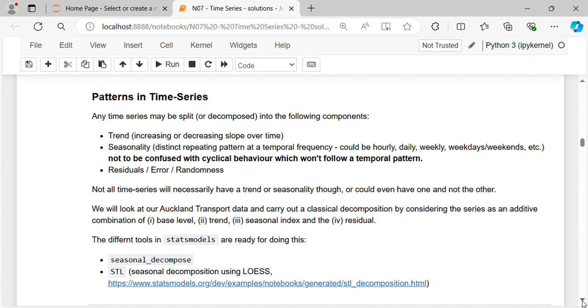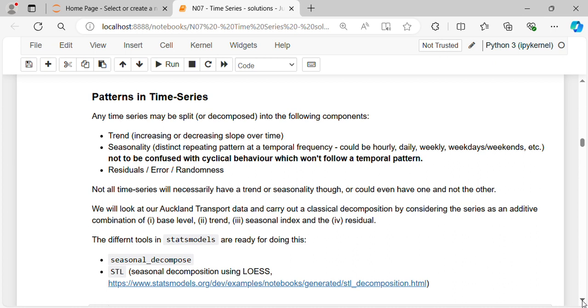So there are three components: residuals or error or randomness; seasonality, a distinct repeating pattern at a temporal frequency, which could be hourly, daily, weekly, weekdays, weekends, monthly; and trend, increasing or decreasing slope over time.